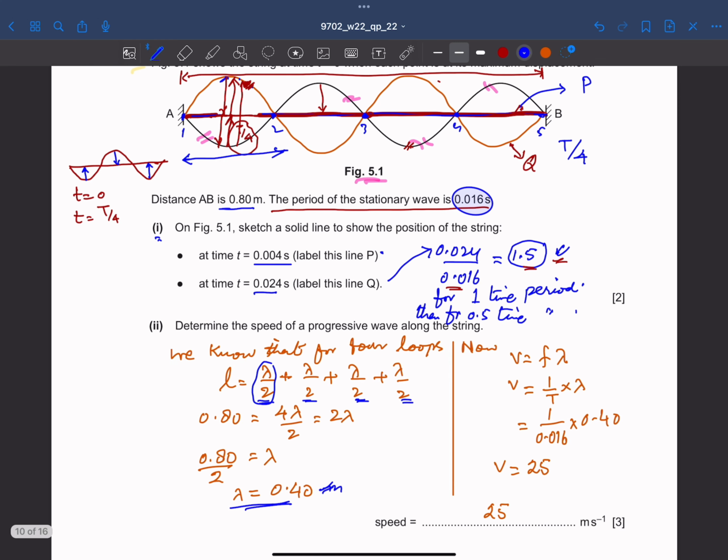When you use the formula v equals f lambda, you know that f is 1 over T, the reciprocal of the time period. They have given you the time period, and lambda you have calculated, so ultimately you are getting the speed, which is 25 meter per second. So be careful. I hope it's clear.